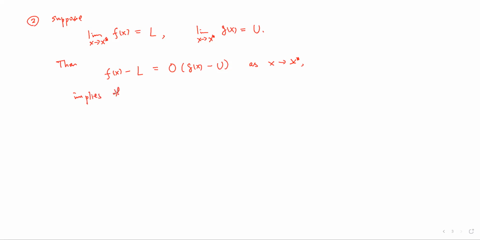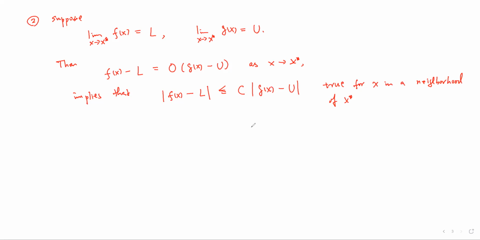This implies that, according to the big O relation, the absolute value of f of x minus L is less than or equal to some constant times the absolute value of g of x minus u. This inequality is true for x in some neighborhood of x star.